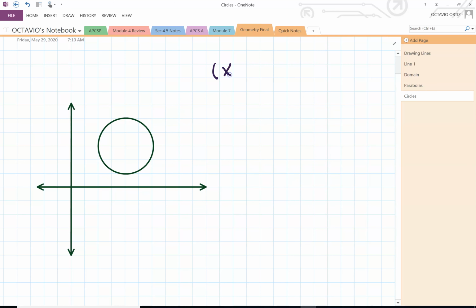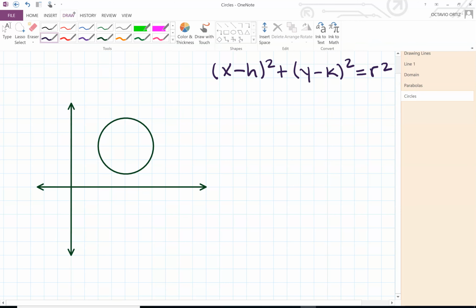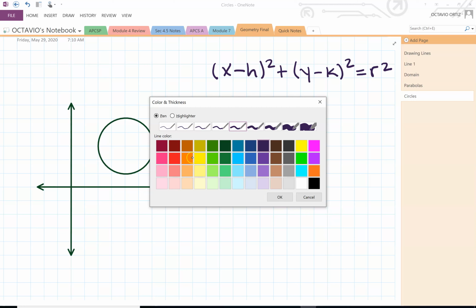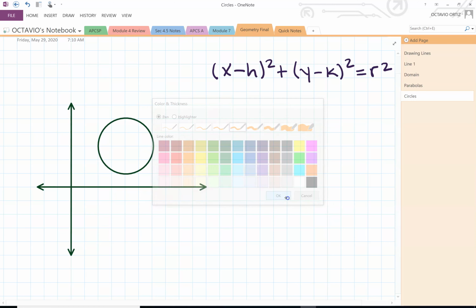It's x, so that's the variable that stays there, minus h squared, plus y minus k squared, equals r squared. That's what it looks like. Again, let me talk a little bit about what you should expect to change here.